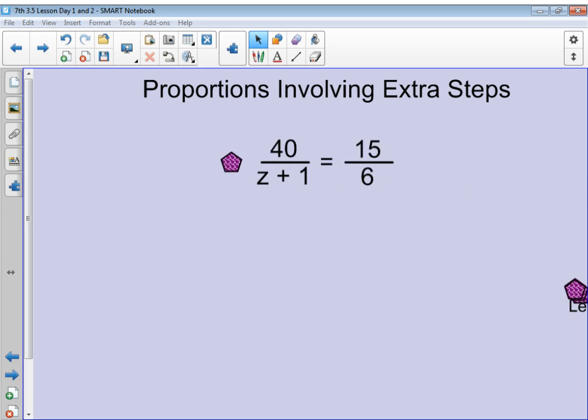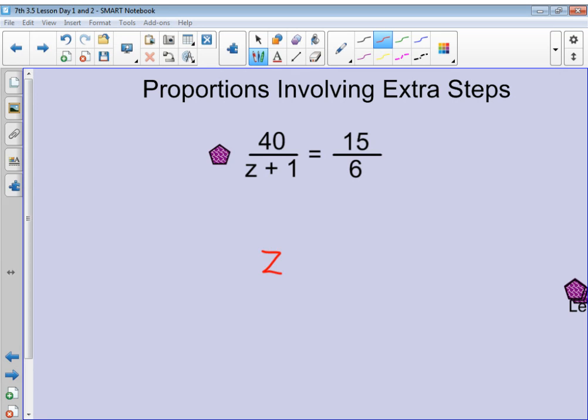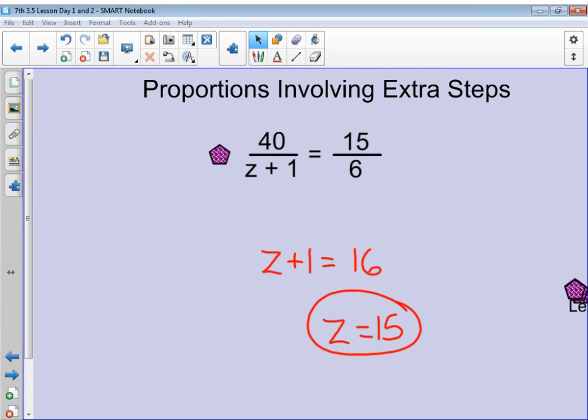And last one. Go ahead and do this one and then check your work. Okay, we should have gotten z equals 15.